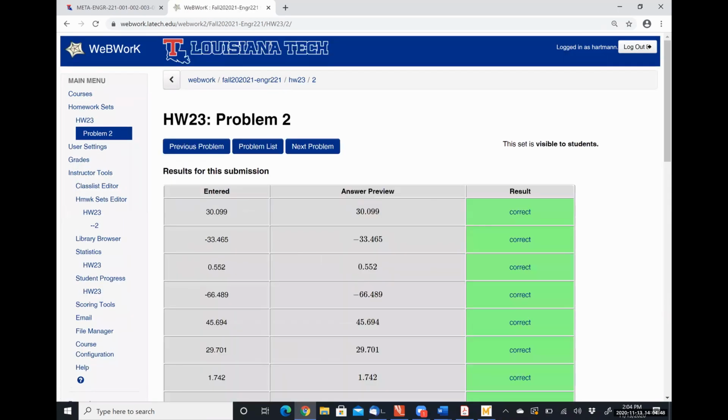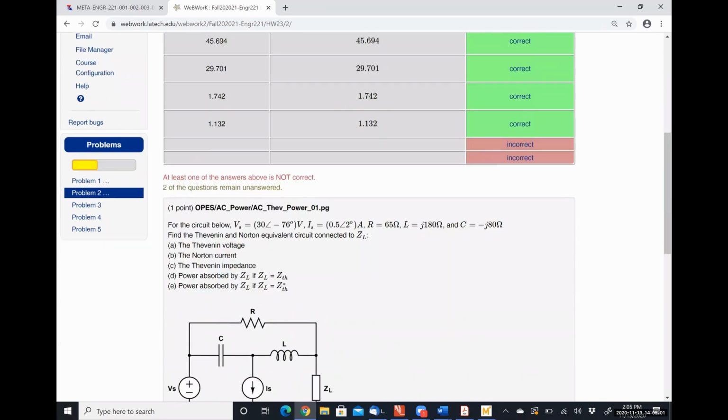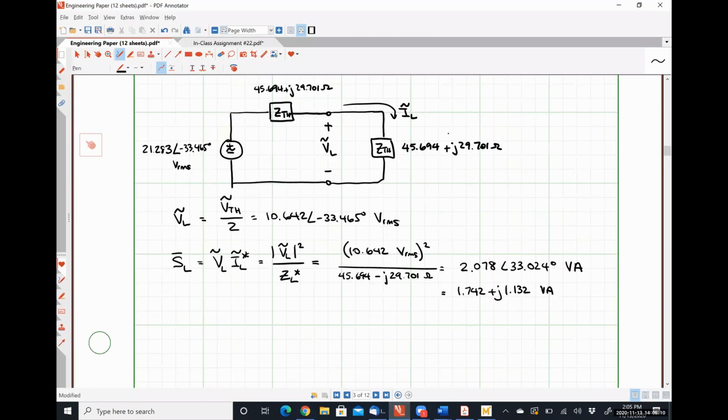You're correct. So that one single piece of information, that voltage, is the only thing extra we needed to figure out what the power is if we replace ZL with ZTH. Now let's look at the last part of the problem here. It's the exact same thing, but instead of having ZTH, we have ZTH conjugate.